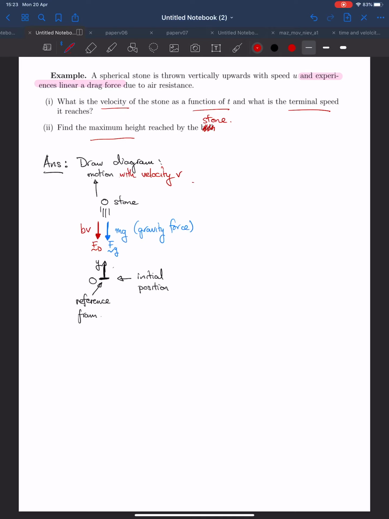And here, for the stone moving upwards, the velocity is positive, which is consistent with the positive direction of our y-axis.